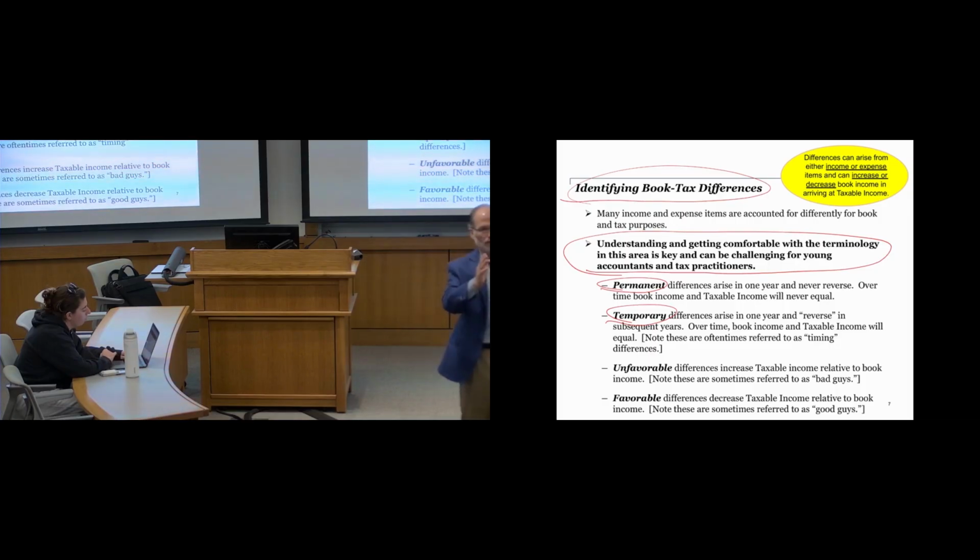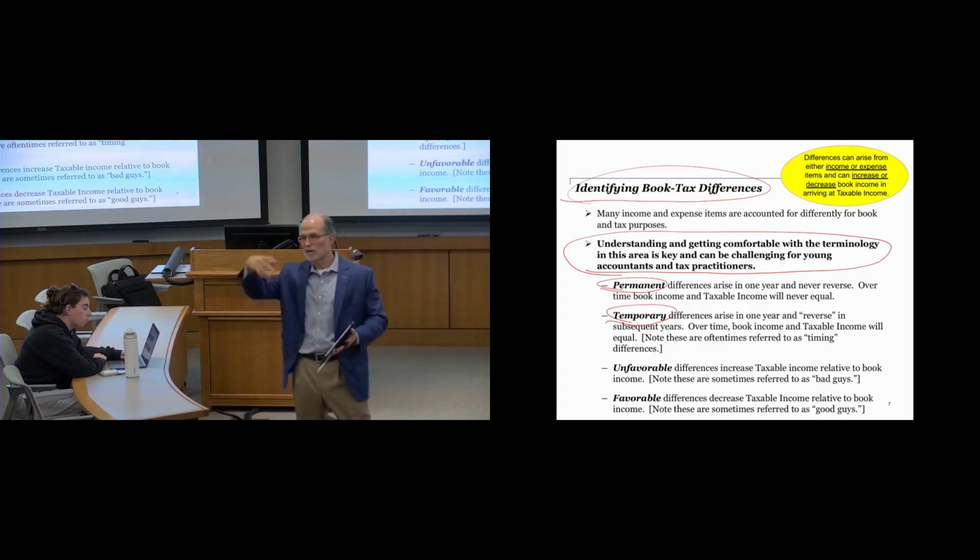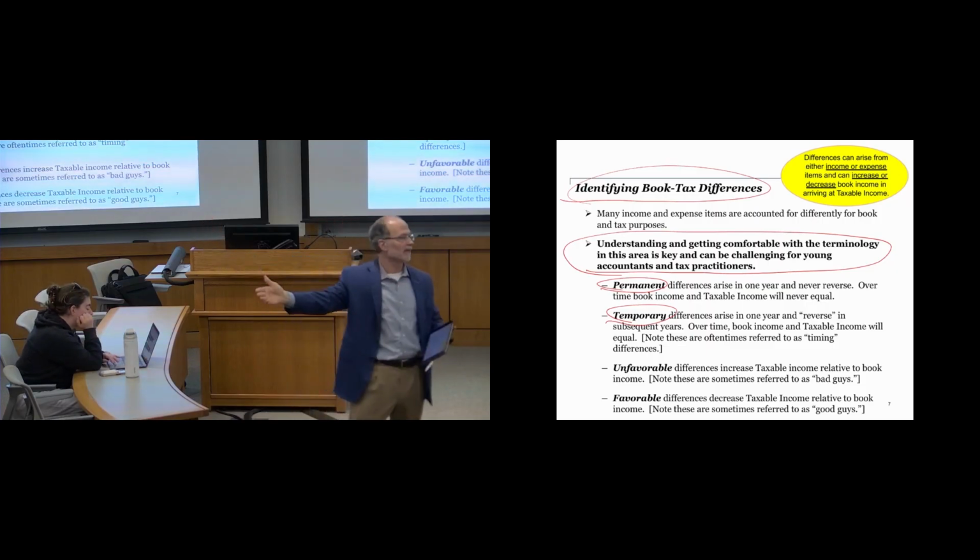Accounting is going to do straight line over its estimated useful life. For tax, we're going to go into those tables. But guess what happens? At some point in time, $1 million is fully depreciated for book and tax. That's a temporary difference. Every year it's different, but we're headed towards equal in the future.